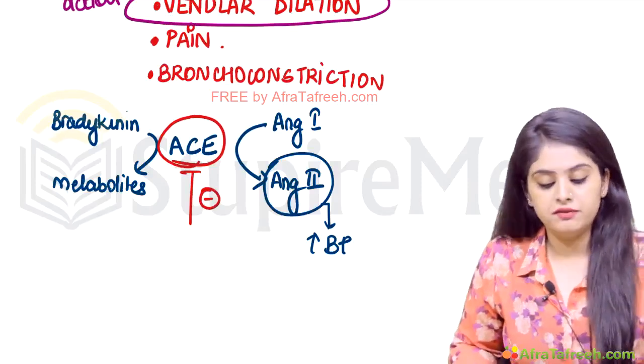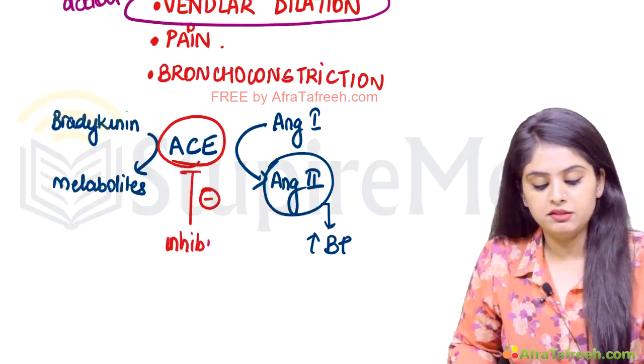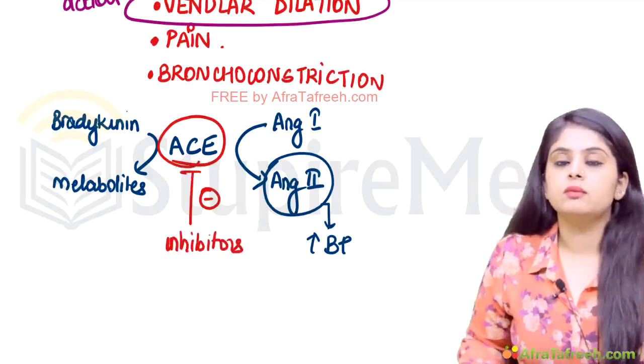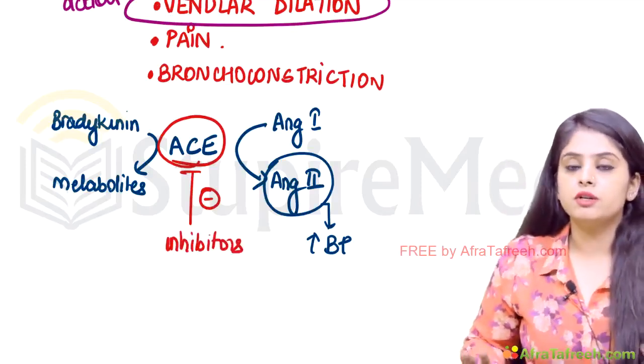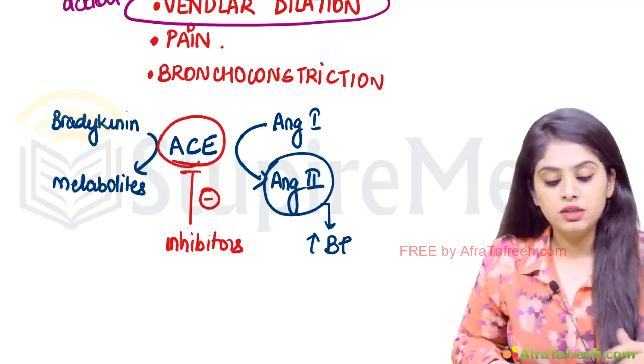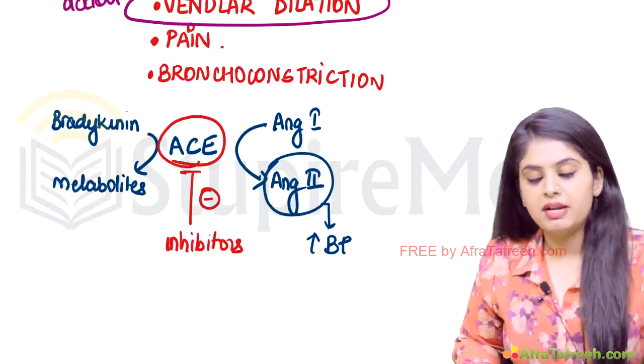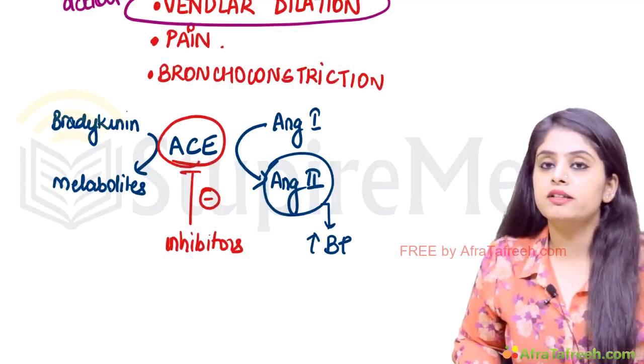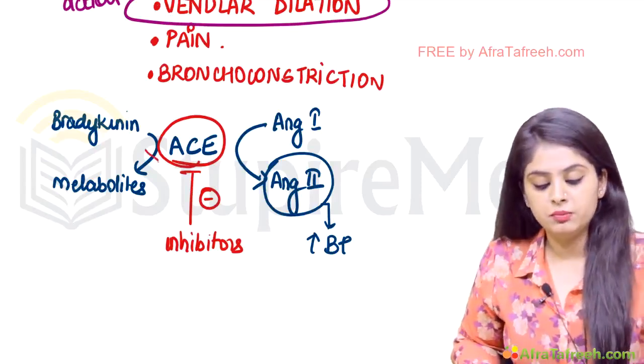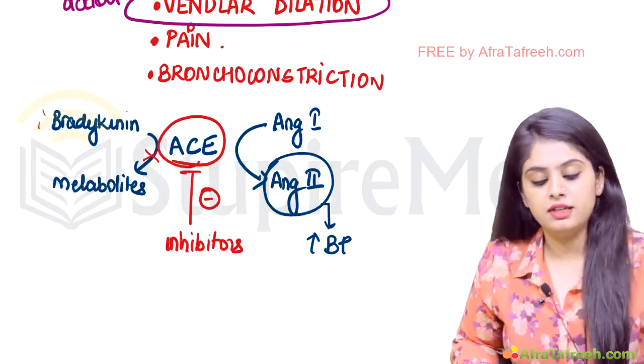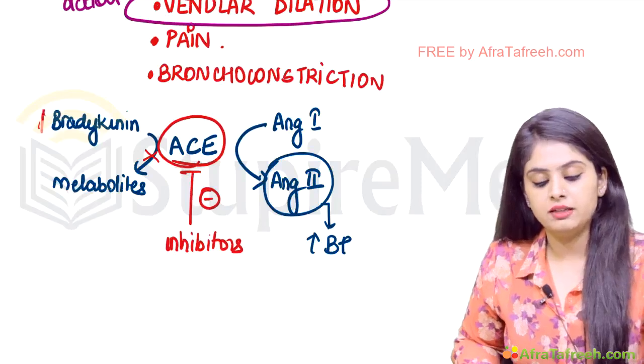But in the process, when we give ACE inhibitors, we are definitely curing the patient of blood pressure, we are getting the blood pressure back to normal. But in that process, will bradykinin now convert to its metabolites? No. This process will not occur, resulting in elevation of bradykinin.